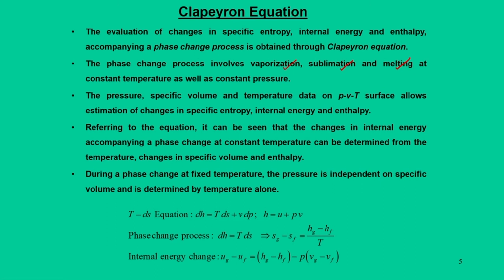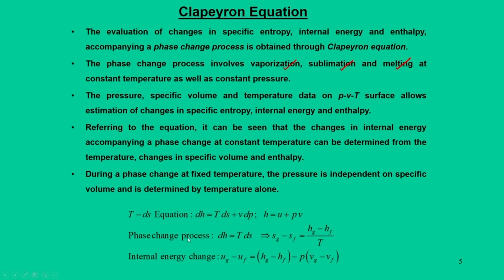So, we are going to see how the Clapeyron equation is useful for these phase change processes. I am repeatedly telling that the measured data are pressure, specific volume and temperature on a PVT surface, and the properties that need to be calculated are typically specific entropy, internal energy and enthalpy.